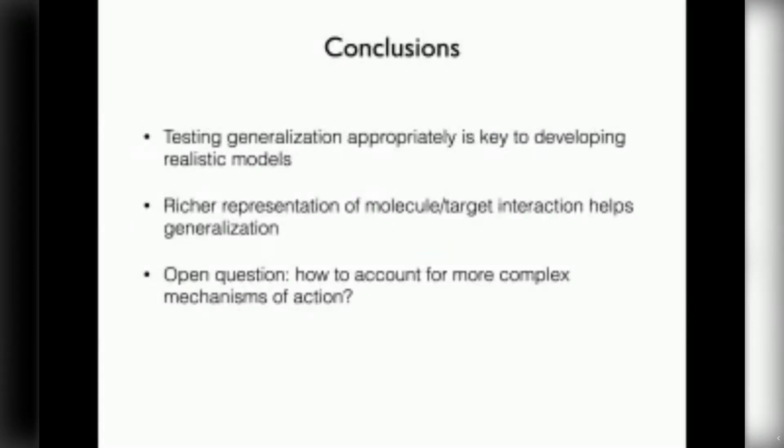The second is that we can generalize better and handle the scenario where the data is not available by producing much richer representations that look at the geometry of molecule-target interaction. And finally, all of us need to think harder about more complex mechanisms of action, how to inform our models, and what we as machine learning people can say that is new to people in biology about the mechanism of actions, which is a really challenging task.